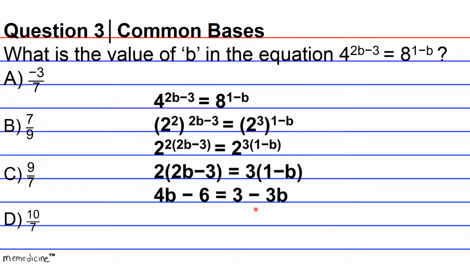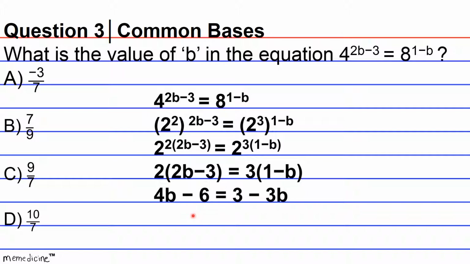In order to do that, we have to add 3b to both sides. The 3b will cancel out on the right-hand side of the equation, and then we're going to bring all the numeric terms over to the right-hand side. In order to do that, we have to add 6 to both the left-hand side and the right-hand side.